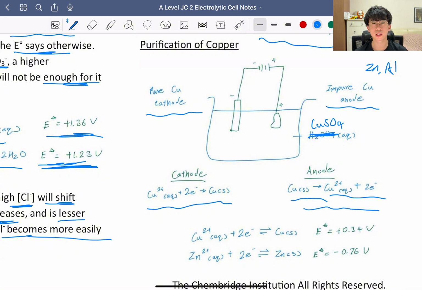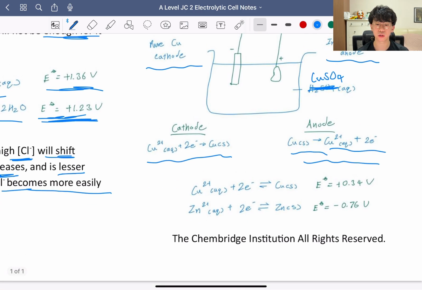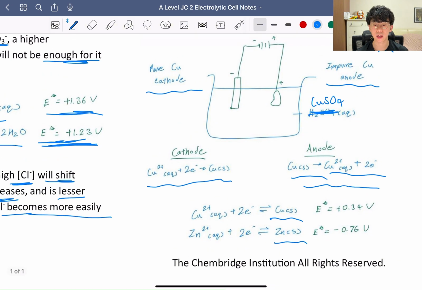However, before this oxidation of copper, if you compare the E0 values of copper and zinc, you'll realize that zinc has a lower E0 compared to copper, and therefore it's actually more favorably oxidized first. So what is happening at the impure anode is that your more reactive or more readily oxidized metals, for example zinc over here, will be oxidized first, followed by copper, and then followed by metals that are not really favorably oxidized.